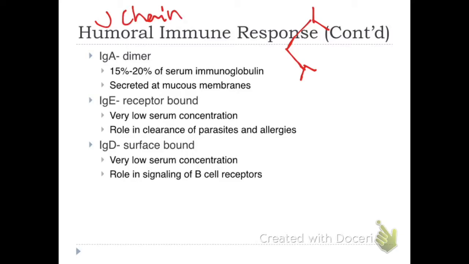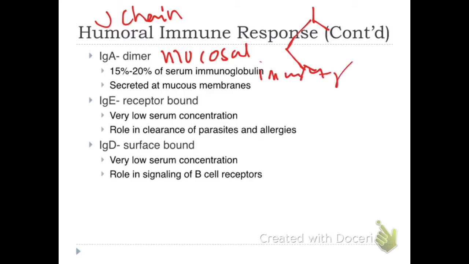IgA is rich in secretions. In secretions, they are secreted at the mucous membrane. So IgA would be important for mucosal immunity.